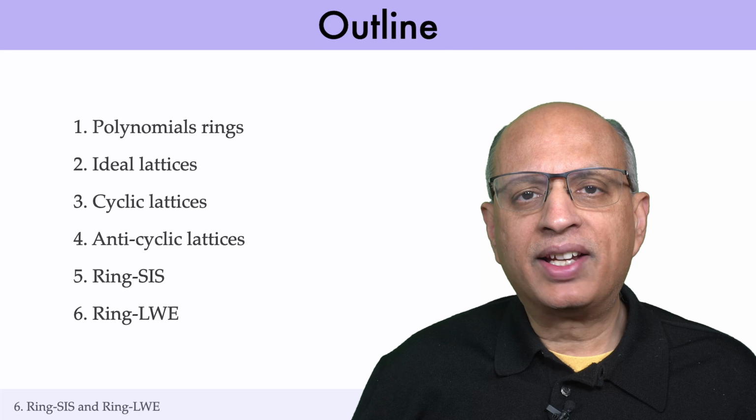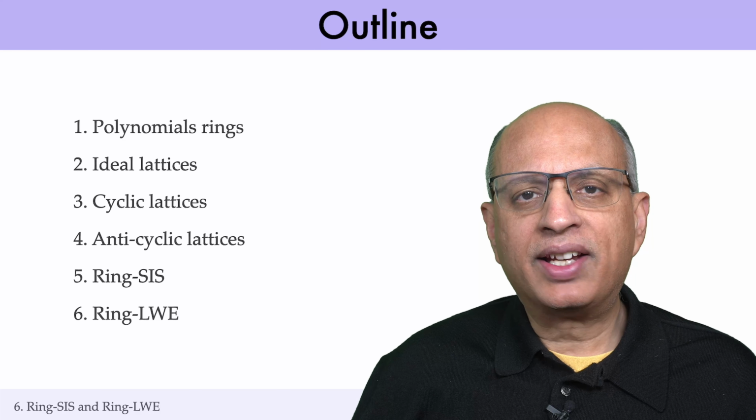On a computer, one represents polynomials by their vector of coefficients. So polynomials in the ring R can be represented by a vector of length exactly n, where the components of the vector are integers. I'll often switch between polynomials and vectors using this association.